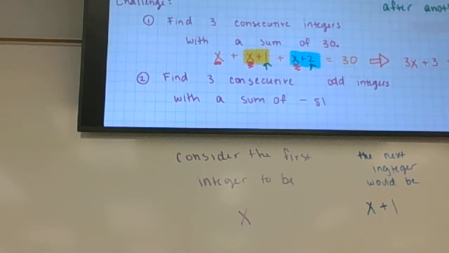So solving this equation, I'll put the line in, cancel the 3 out. 3x is 27, divide. And x is 9. So that would be the smallest number in the list of 3. So your answers would be 9, 10, and 11, added together make 30.